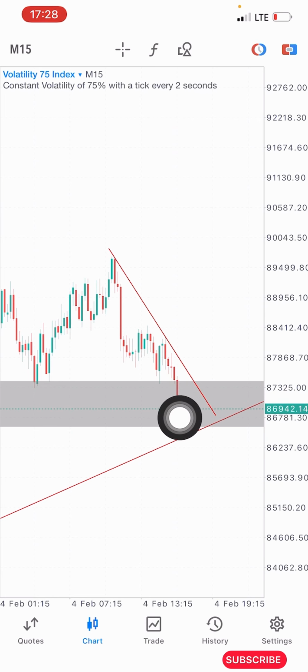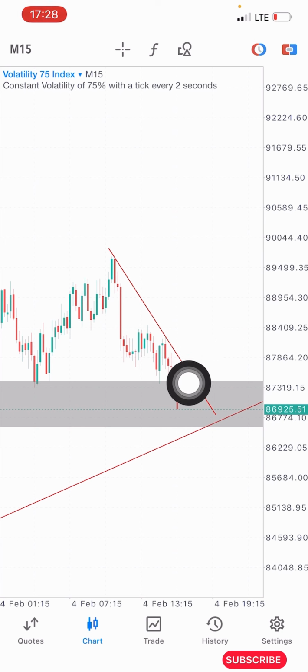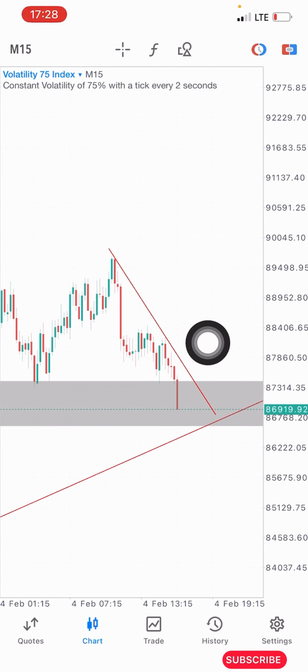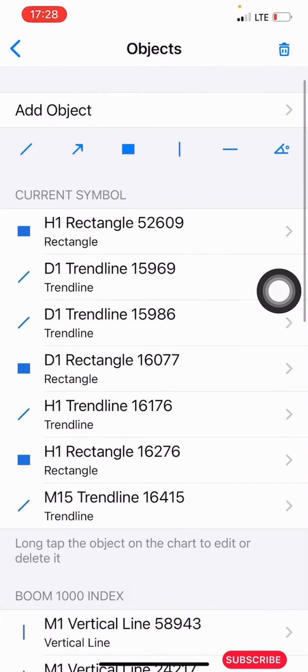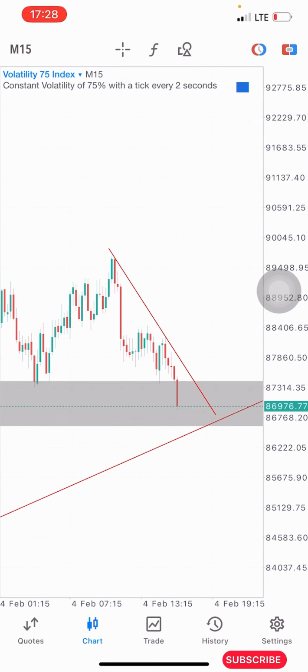I want the candlestick to break above this red line here. Whenever it breaks above this red line and closes successfully, I'll be placing my buy around that area. So all that is left now is for price to break above this red line, right? If it breaks above it, then I'll be looking for my buy, right?